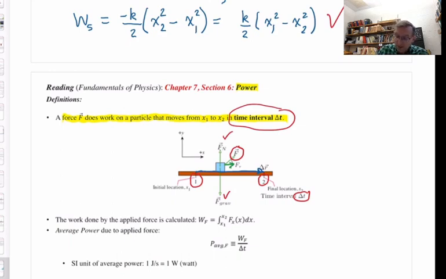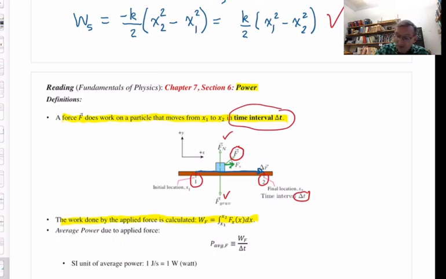All right, let's first talk about the work done by the applied force. I'm going to highlight the work done by the applied force F. Well, since I don't know whether the force is constant or variable, the safest approach is to express the work as an integral. I integrate the x component of the force times dx from x1 to x2.